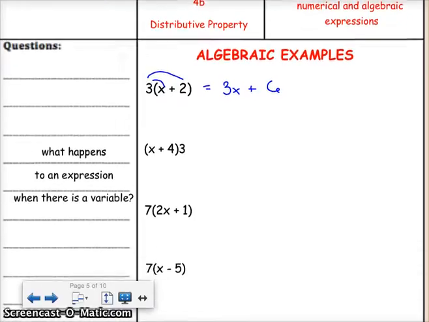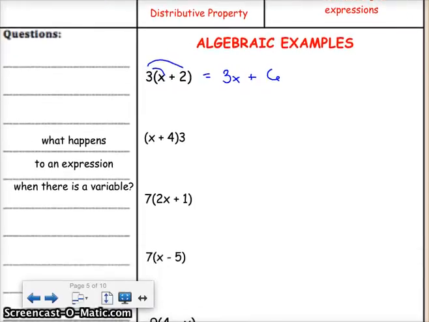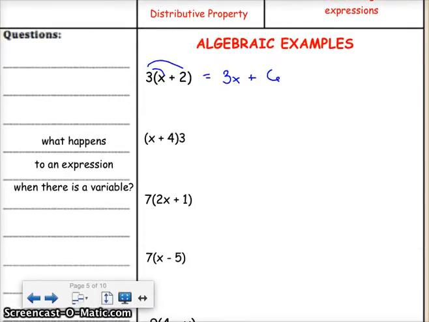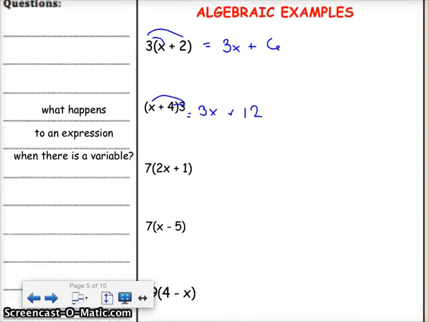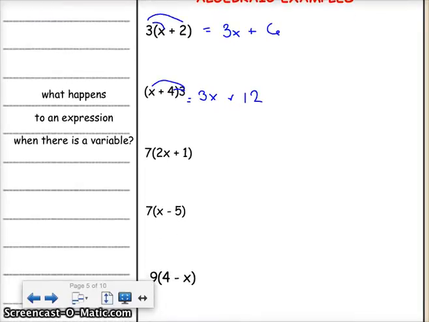Okay, now it's on the other side, just trying to trick us up, but it's still sticking to the parenthesis. So I distribute. 3 times x is 3x, plus 3 times 4 is 12. Okay, another one.